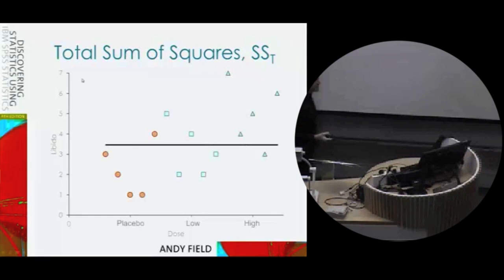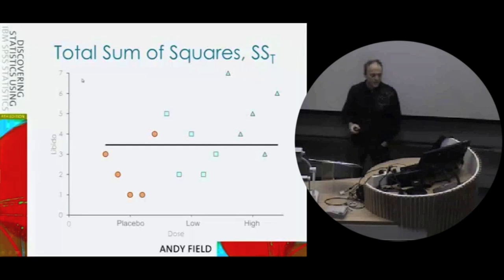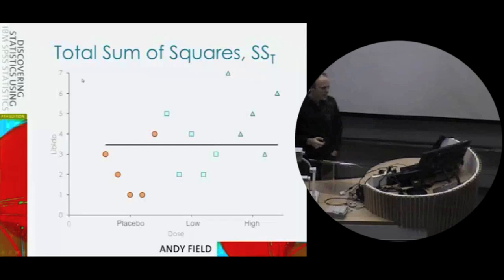So how do we quantify whether prediction based on those three group means improves our ability to predict libido? Well, we use the same sums of squares as we've used before. I've put up a similar diagram before when we first looked at the linear model. We can first of all work out how much variability there is in all of the scores.